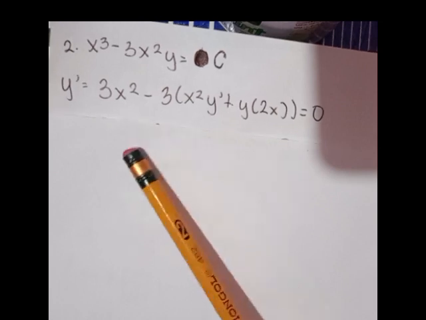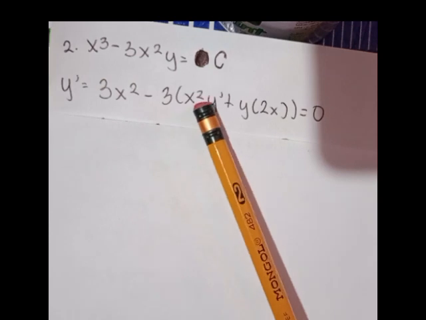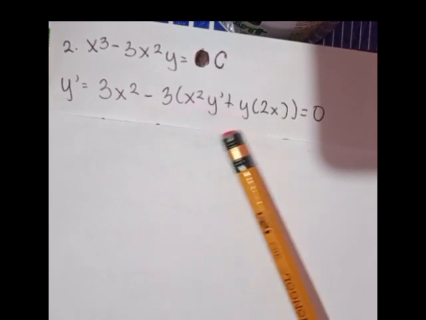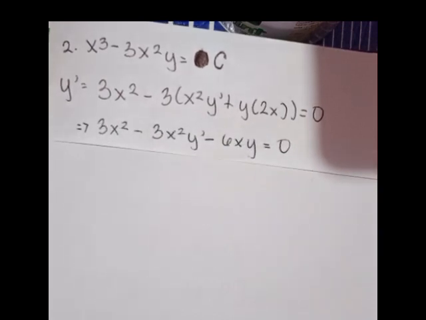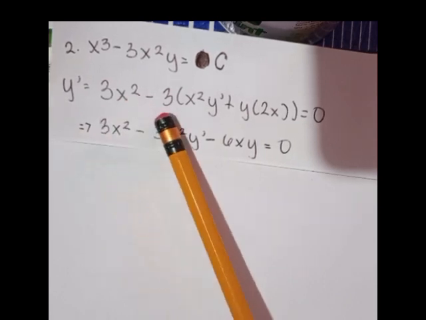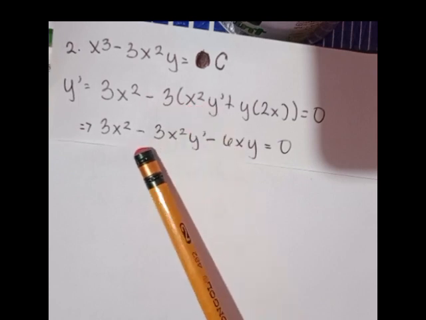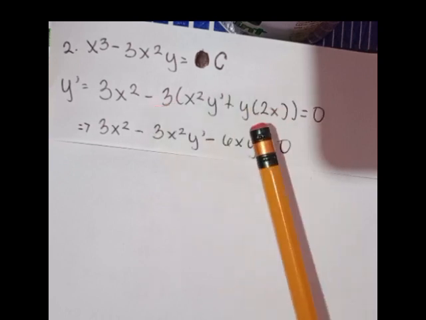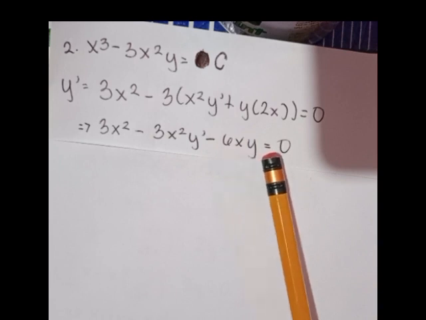To simplify this function, we need to multiply negative 3 by x squared y prime plus y 2x. Rewriting this function, we have 3x squared minus 3 times x squared y prime, we will get negative 3x squared y prime, and negative 3 multiplied by 2xy, we will get negative 6xy equals 0.